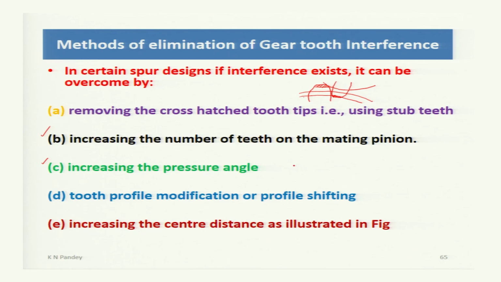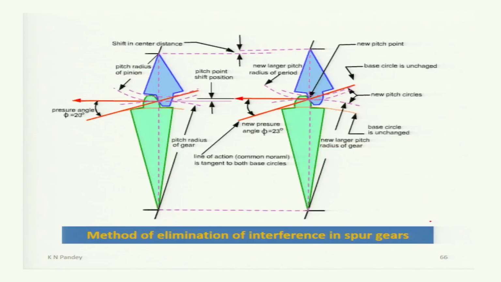So, the transmitted load decreases with the increase in this. Now, the next thing we can do to avoid interference is tooth profile modification or profile shifting. The next one is increasing the center distance, as illustrated in the coming slide.